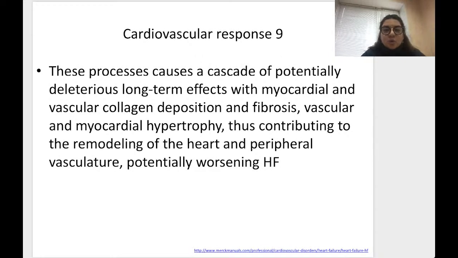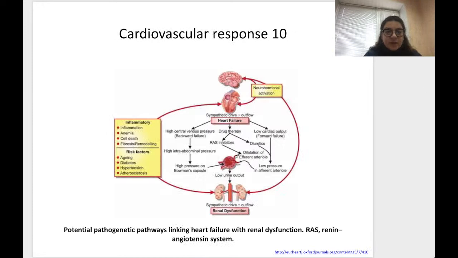These processes cause a cascade of potentially deleterious long-term effects with myocardial and vascular collagen deposition and fibrosis, vascular and myocardial hypertrophy, thus contributing to the remodeling of the heart and peripheral vasculature, potentially worsening heart failure. One more time, the cycle of cardiovascular response.